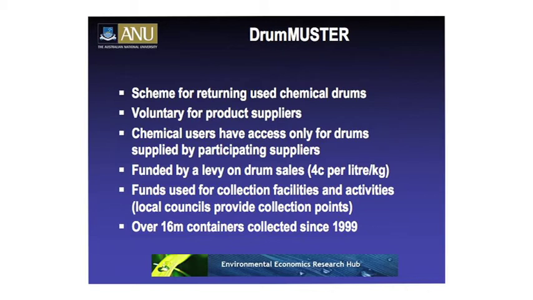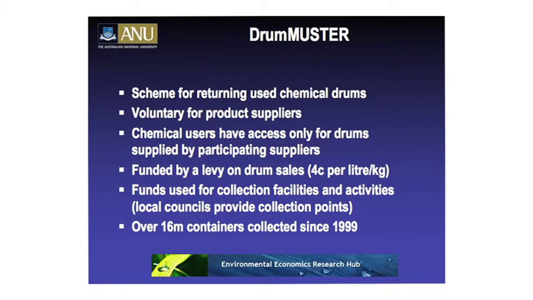So as a chemical supplier, I might say, well, I'm going to engage in the drum muster scheme, but it means I'm going to have to charge my purchasers an extra 4 cents a litre. So I'm going to impose a cost on my consumers, on my buyers.